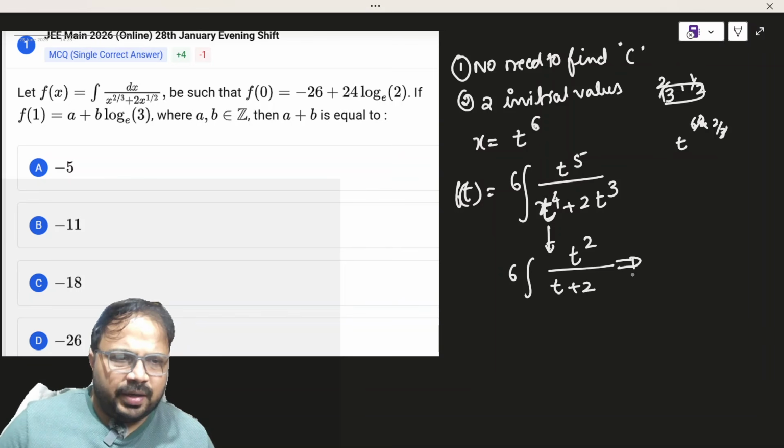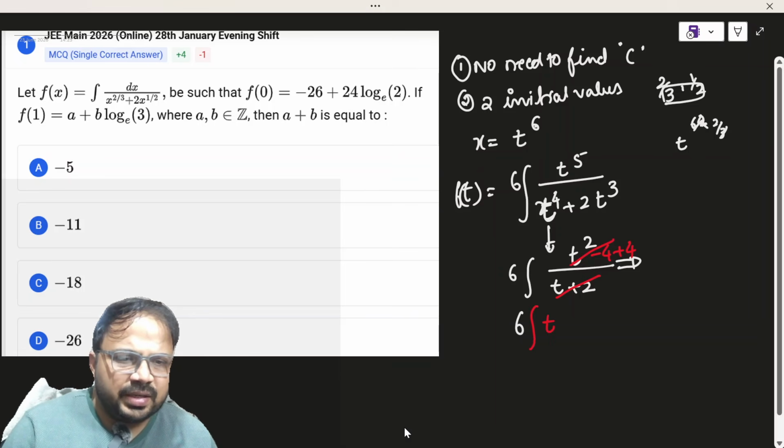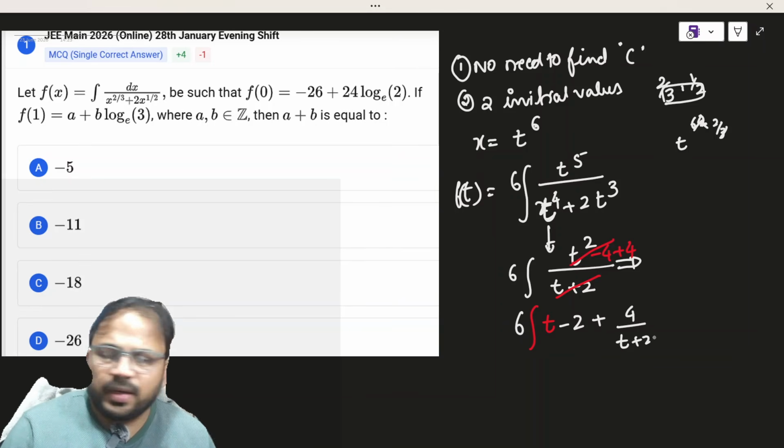I'm trying to simplify it by avoiding steps. Now when you see this carefully, we can add minus 4 and plus 4, and t plus 2 can be directly simplified and written as t minus 2 plus 4 divided by t plus 2, right?